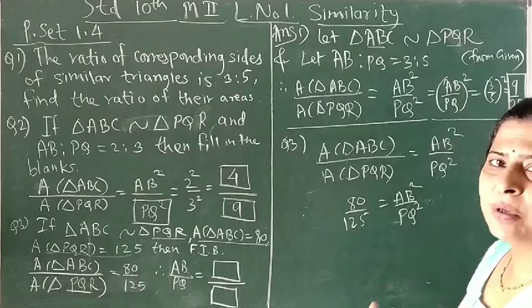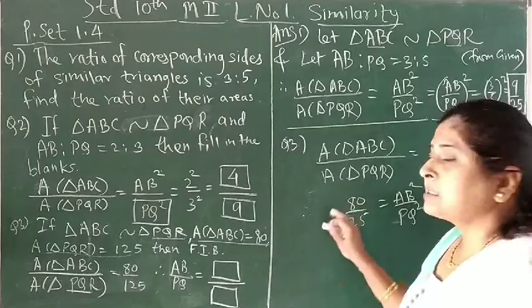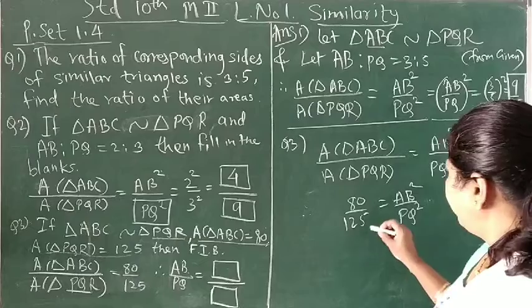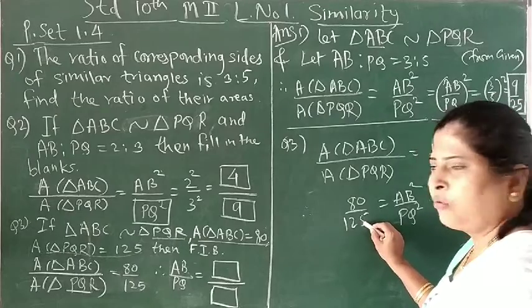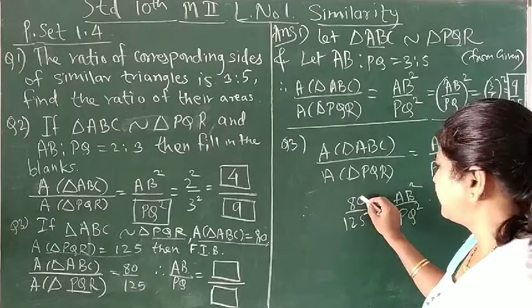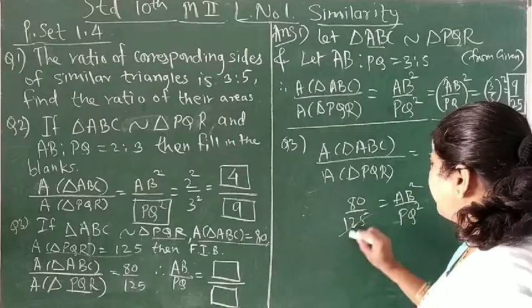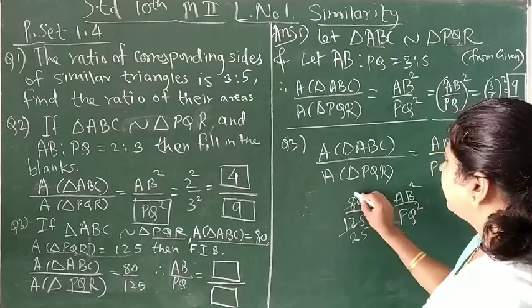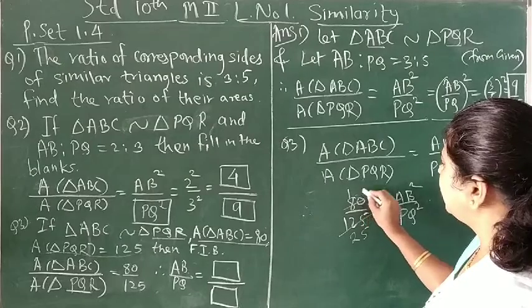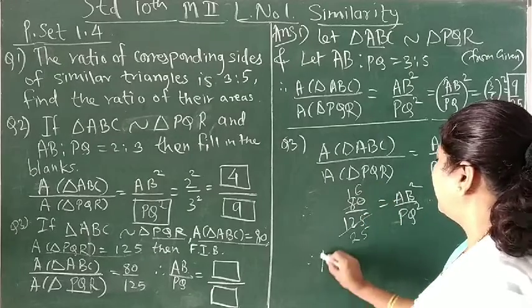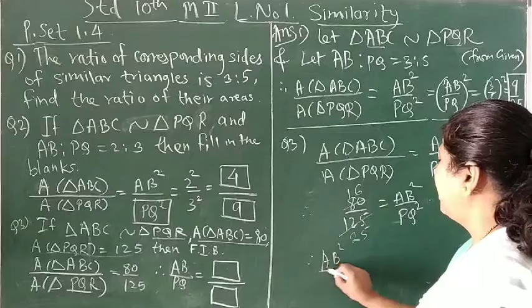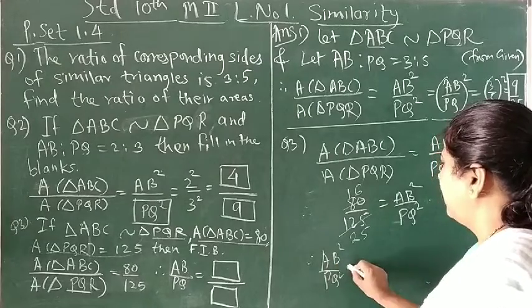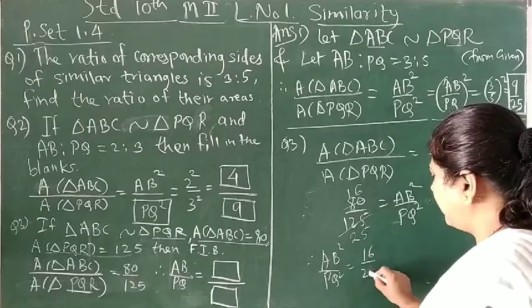We have to see by which number we can divide to get perfect squares. This number is divisible by 5, because one ends in 0 and the other in 5. Let's divide both the numbers by 5. 5 2s are 10, 5 5s are 25. 5 1s are 5, 3 remains 30, 5 6s are 30. So we get AB square upon PQ square is equal to 16 upon 25.